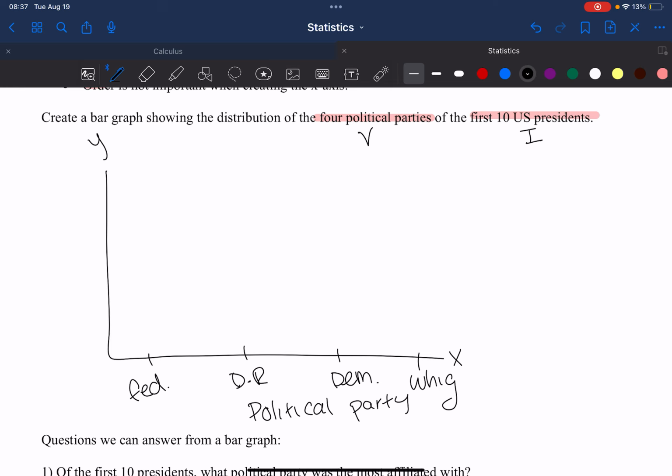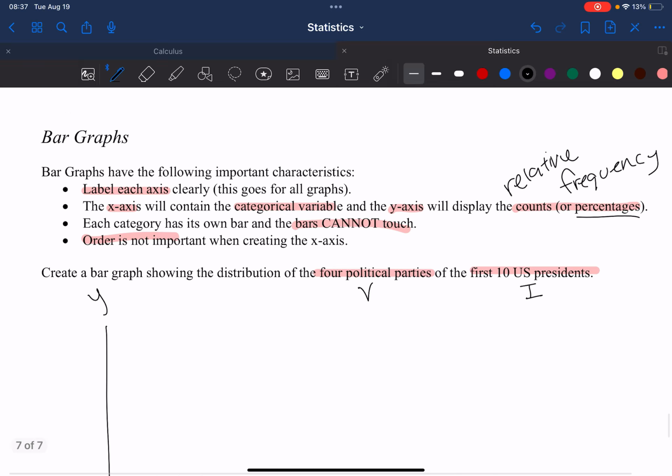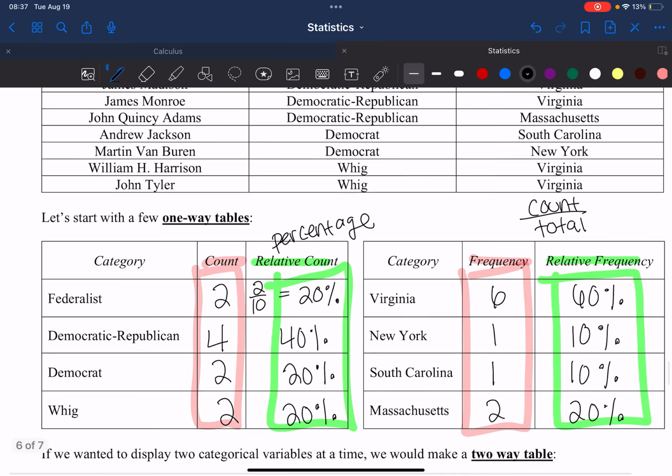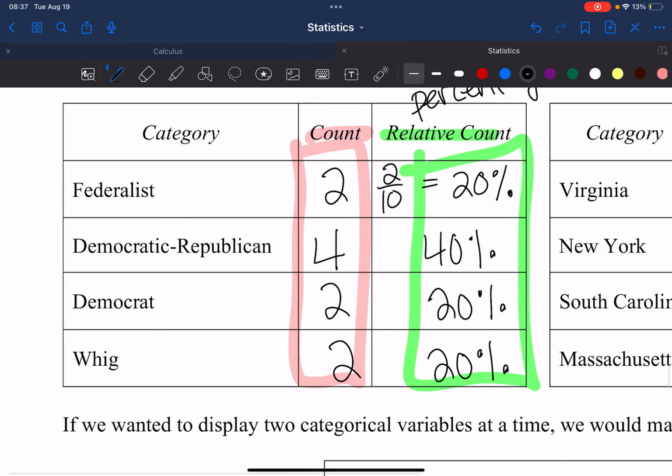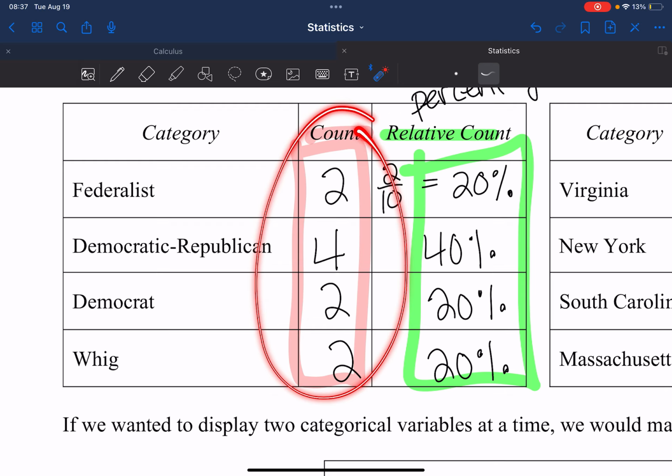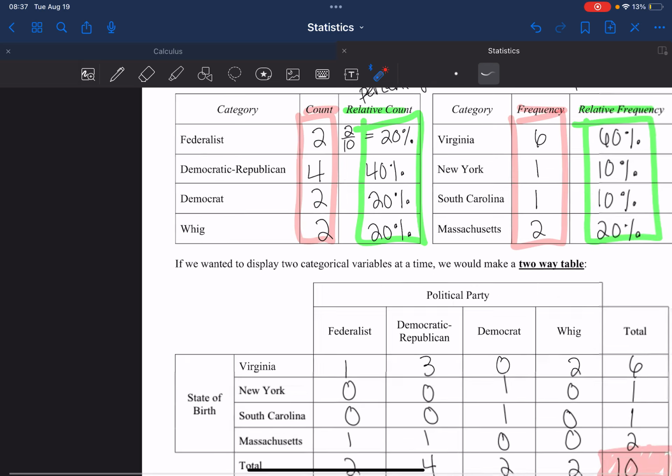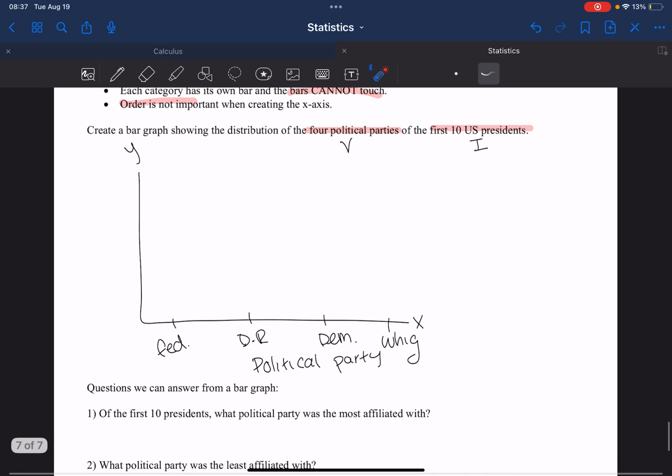And then remember, your y-axis is your counts or your relative frequency, your percentages. So if we go back to our table, we'll notice that for political party, our greatest count was the number 4. So when I'm creating that graph, I'm just going to label 1 through 4. So 1, 2, 3, 4.